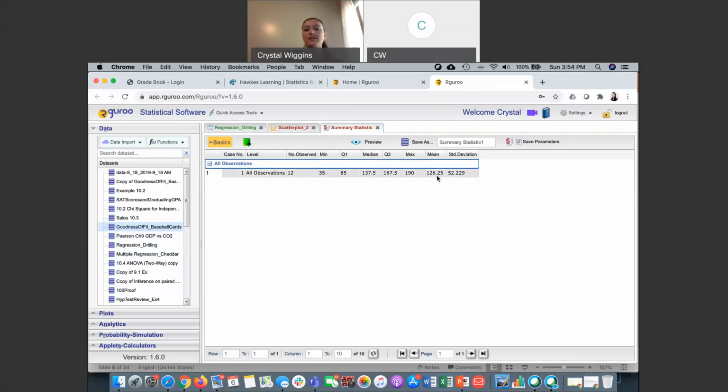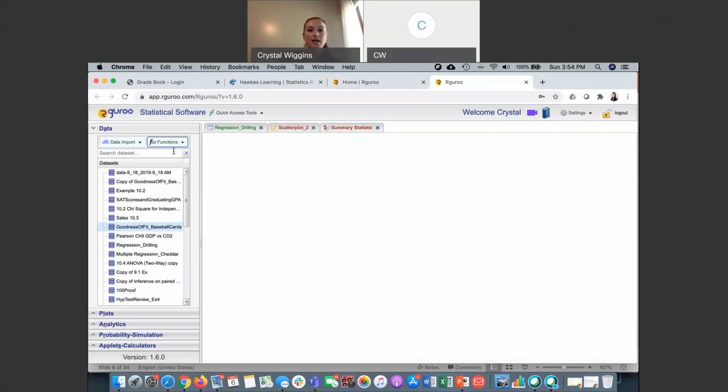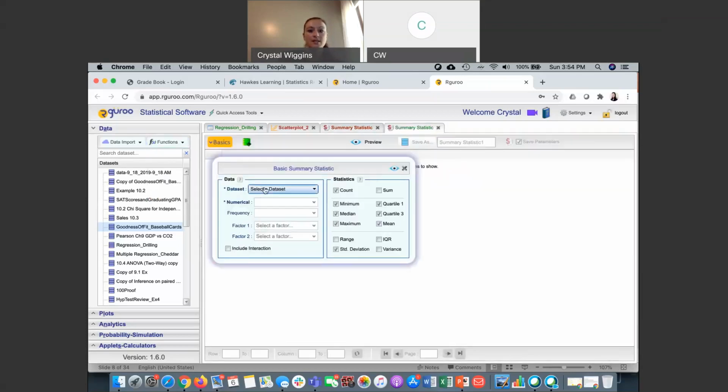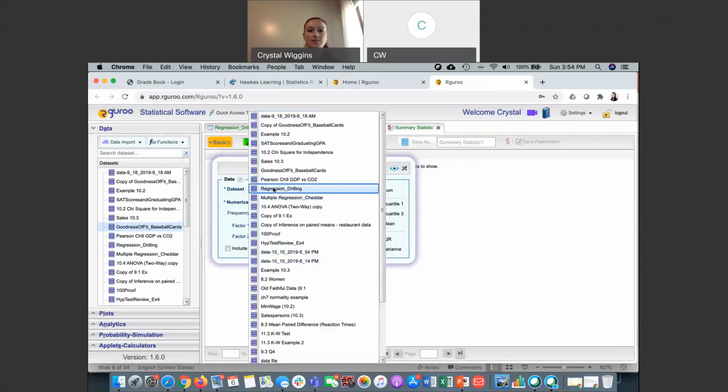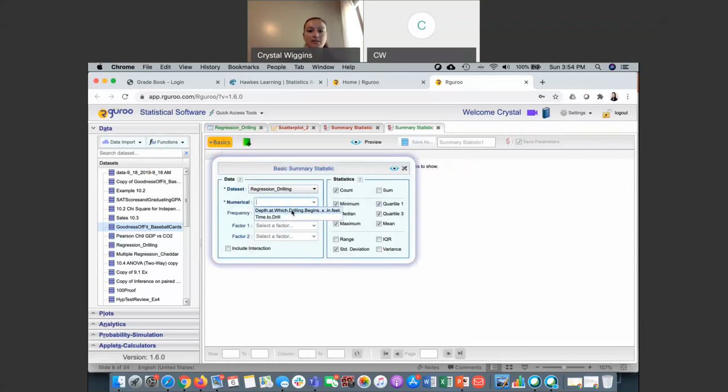Okay, so here we go. This gives us the average drilling depth, which corresponds with what we saw in the PowerPoint, and then all of the other values that we might have. So maybe I also want to see the summary statistics for the time. So I would select the same data set, but select time for this factor.